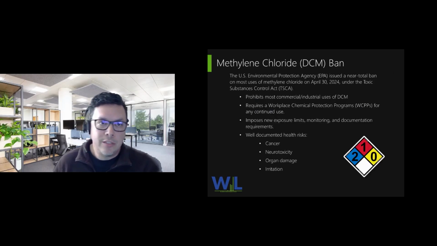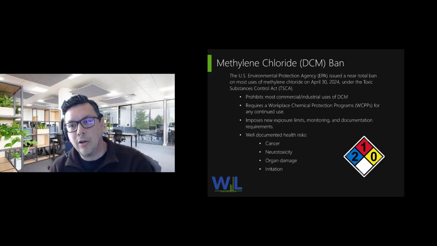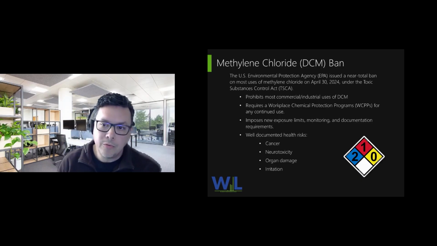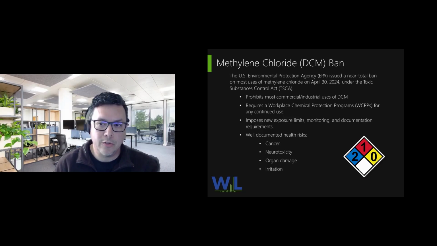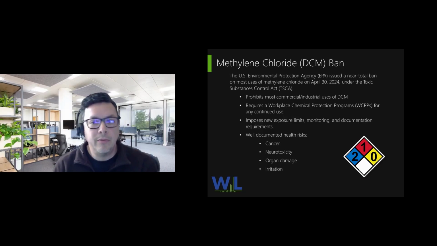And one of these changes is the upcoming methylene chloride ban. In April of 2024, EPA determined that DCM presented a risk to human health and issued a rule under the Toxic Substances Control Act, which prohibits most commercial and consumer use of methylene chloride.